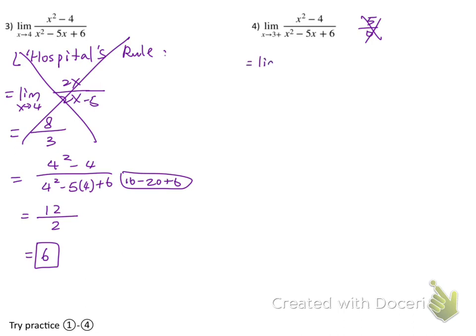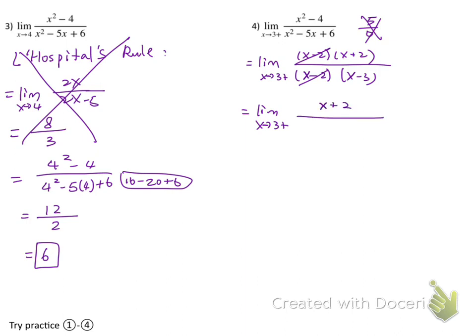Okay, so we go back to our old way. Factor the numerator and factor the denominator. You will see that common factor. So it turned out to be x plus 2 over x minus 3. And this is why I gave you a single side limit, because I wanted to end up with infinity.